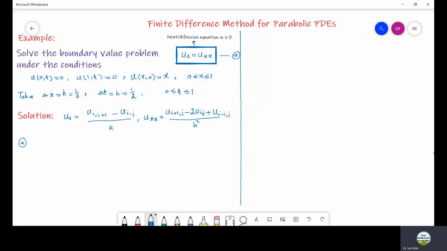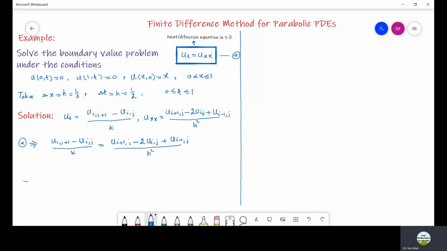Therefore, equation A becomes ui j plus 1 minus ui j divided by k is equal to ui plus 1 j minus 2 ui j plus ui minus 1 j divided by h square.